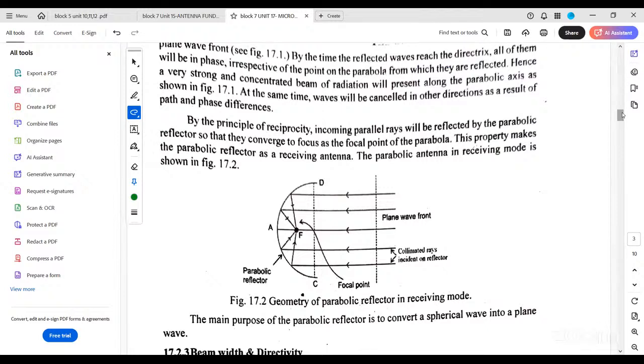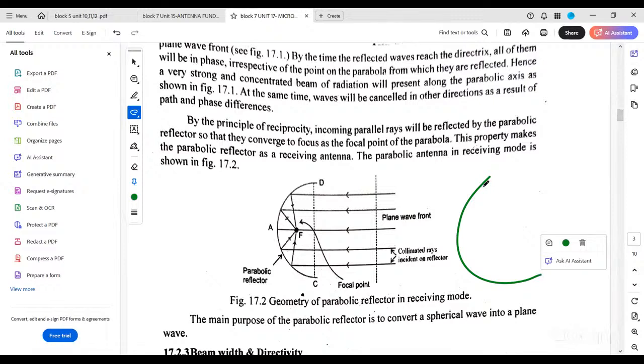The signal is coming from outside and falling on the dish, and where does it go? To the focus point. In the transmitter, it goes from focus to dish, dish to outside. Here, it goes from outside to dish, dish to focal point. Draw the diagram and explain it, and you can easily learn this topic.